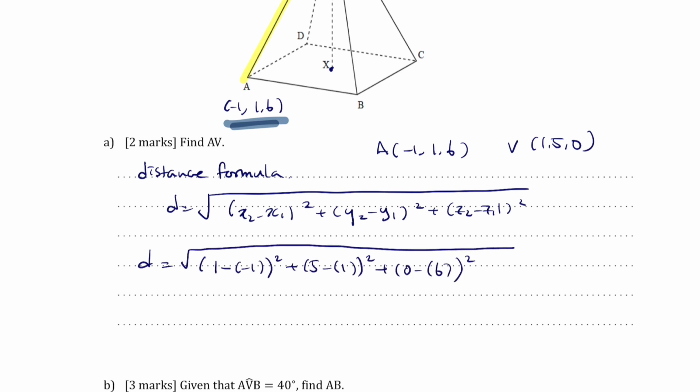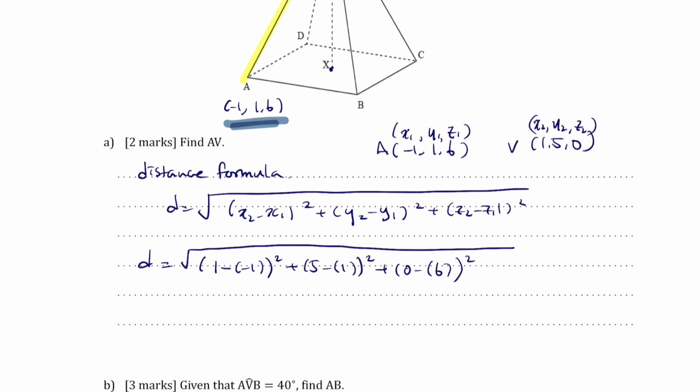So I'm setting this as x2, y2, and z2, and the point A as x1, y1, and z1. So we can do 1 minus negative 1 squared plus 5 minus 1 squared plus 0 minus 6 squared. Okay.